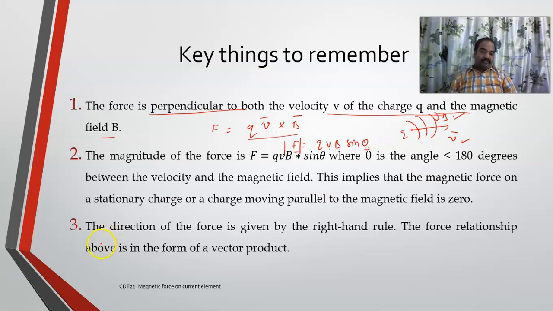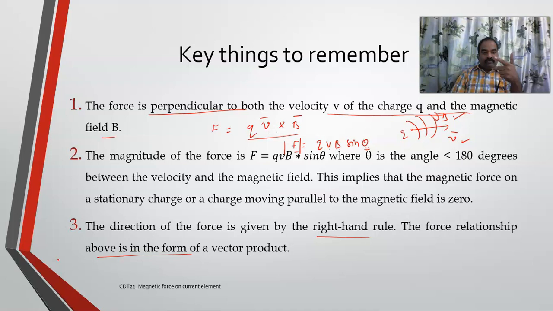The direction of this force is given by the right hand rule. The force relationship above is in the form of a vector product, and the direction will be given by the right hand rule. So this is the representation of the right hand rule, with the thumb, index finger and middle finger.